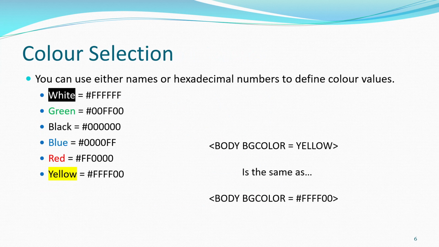So for colors, we can use the actual word or the hex value for that color. So we've got white, green, black, blue, red, and yellow. Now, for ease of viewing, I use the yellow background with black text. Just reverse that.